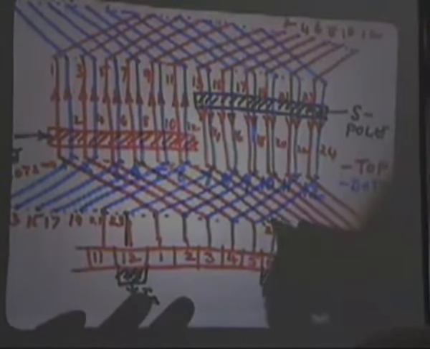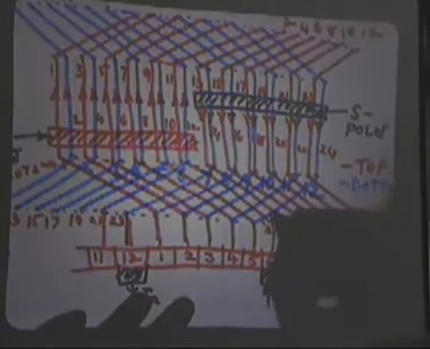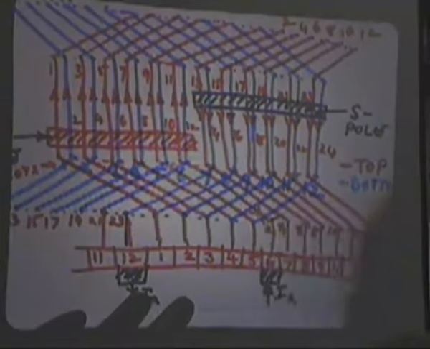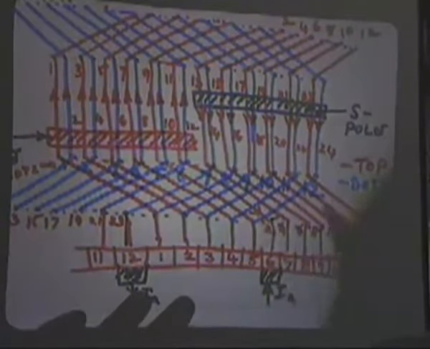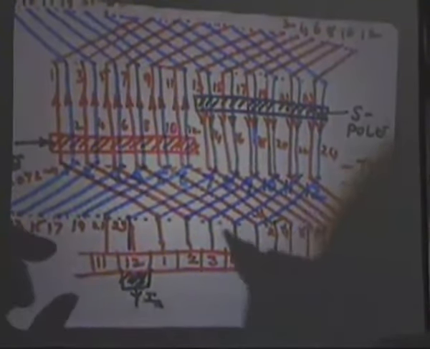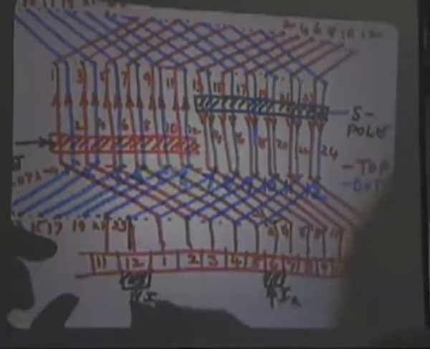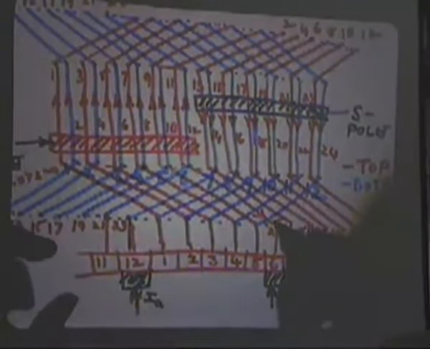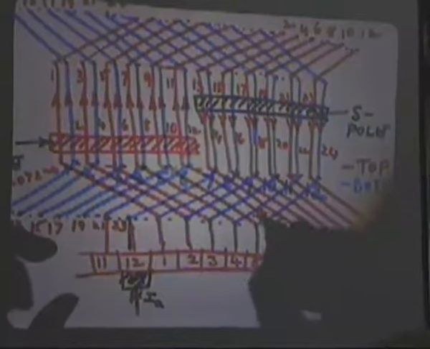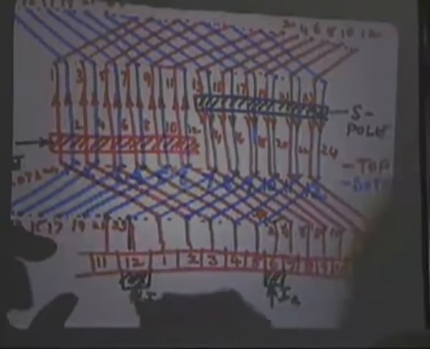If you observe the commutator 6, while the current is entering here, and the current is entering here, right.